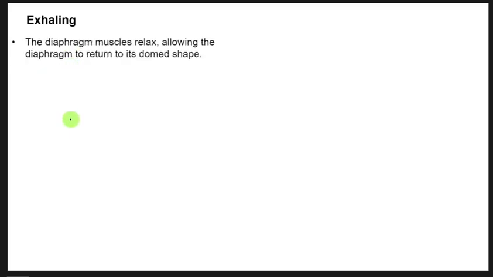Now let's look at exhaling, which is the process of getting rid of gas from the body to the outside. The diaphragm muscles relax, allowing the diaphragm to return to its domed shape.